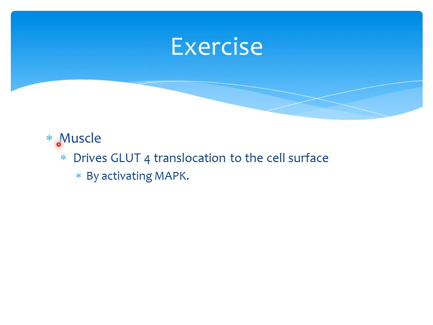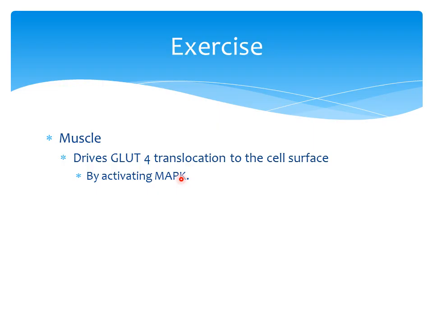So normally the muscle is not permeable to glucose unless insulin is present in sufficient quantities. But exercise can cause glucose transporter 4 translocation to the muscle cell surface by activating the mitogen-activated protein kinase pathway.